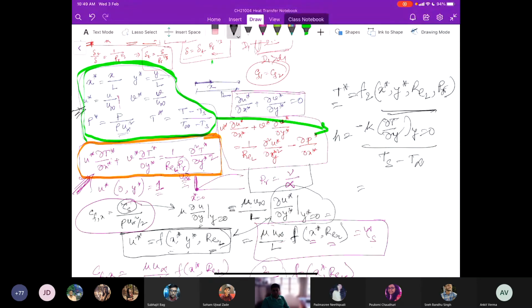What we would find is that it becomes k by L, after just replacement of T by T star and y with this relation, at y star equals 0. h is equal to this.